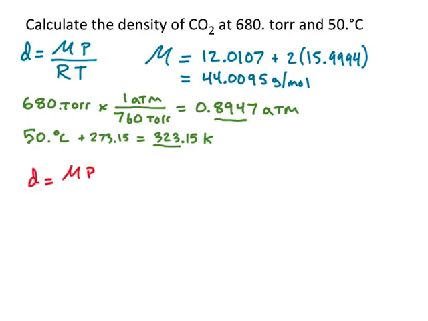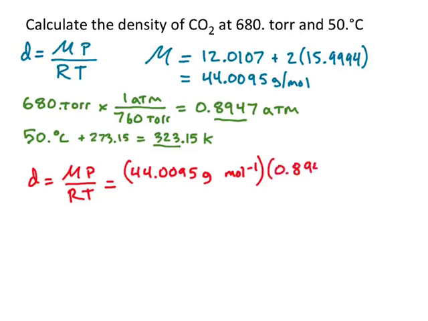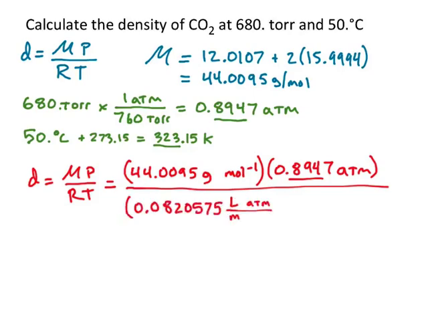All right, now we can just plug these things in. Here's our formula. Here's the molar mass, and I wrote grams per mole as grams times mole to the -1, honestly because I thought to do it, and I want to remind you that these are the same thing. And then here's the pressure, here's the gas law constant, and here's the temperature. Now we've got to make sure the units all cancel out.